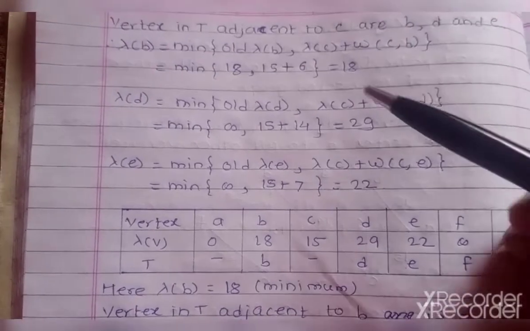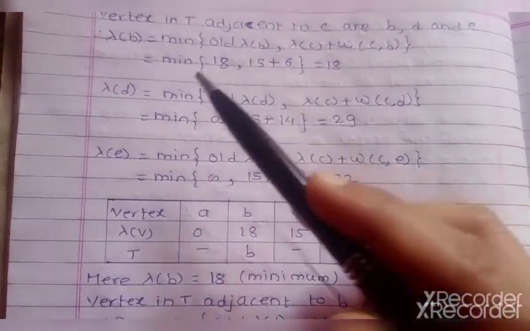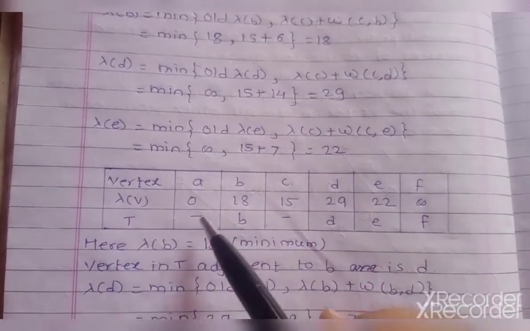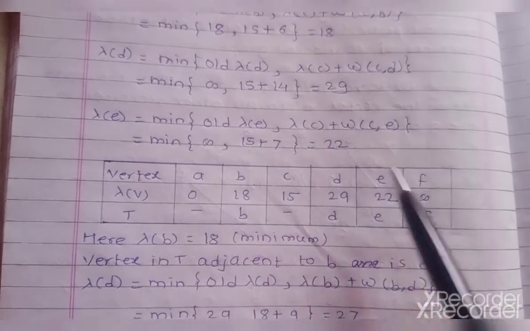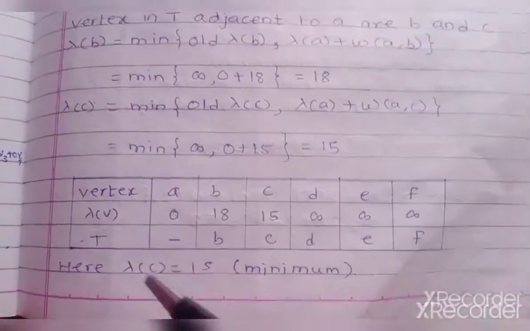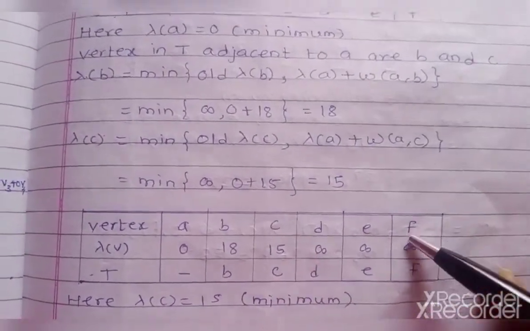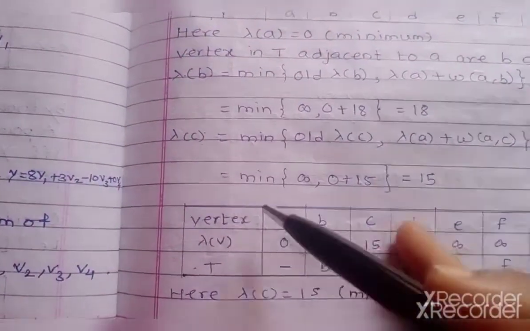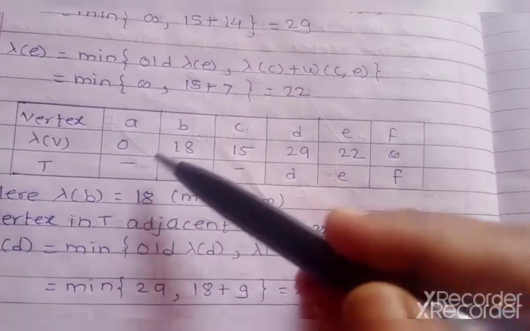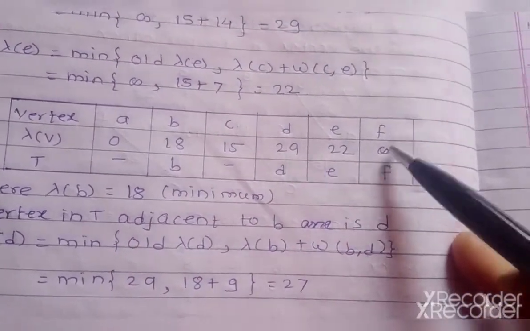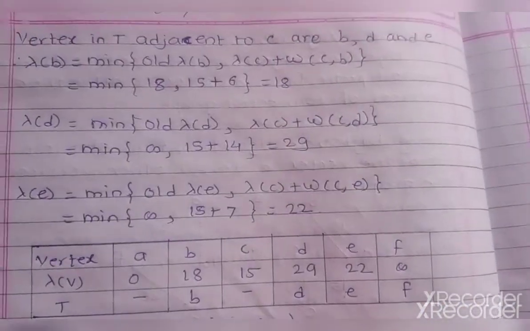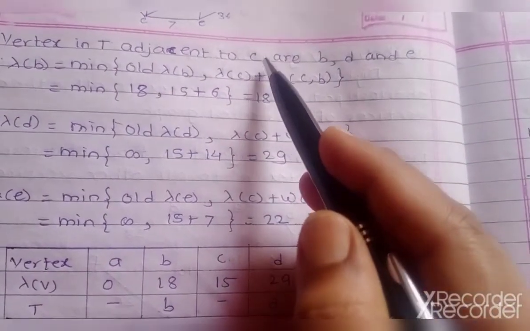So now we put the values: lambda of B equal to 18, lambda of D equal to 29, lambda of E equal to 22, and the values of A, C and F we consider from the previous table. In the previous table the value of A is 0, C is 15, F is infinity, and A is a permanent vertex.